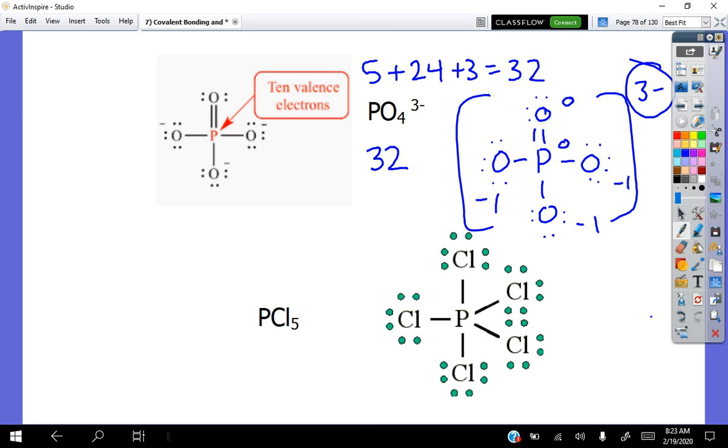In reality, when we're looking at the electron clouds around each of these atoms, they're kind of skewed towards each of the oxygens. Same idea occurs with phosphorus when we're looking in PCl5. Chlorine is really electronegative. It's more electronegative than phosphorus, and electrons are being pulled away from phosphorus, so they form an expanded octet as a means to gain enough electrons to be stable.